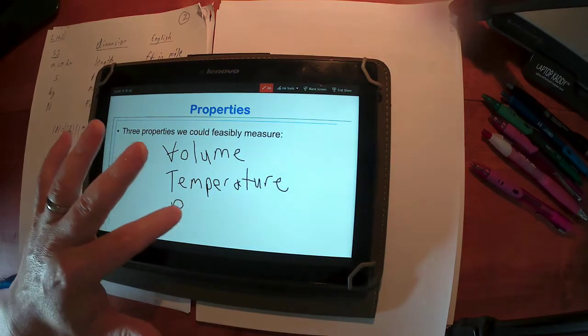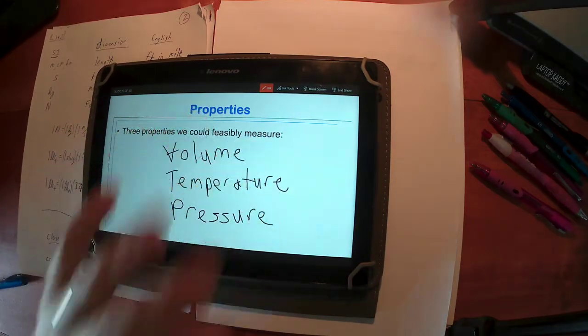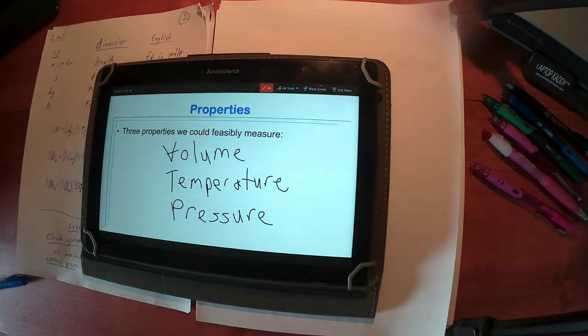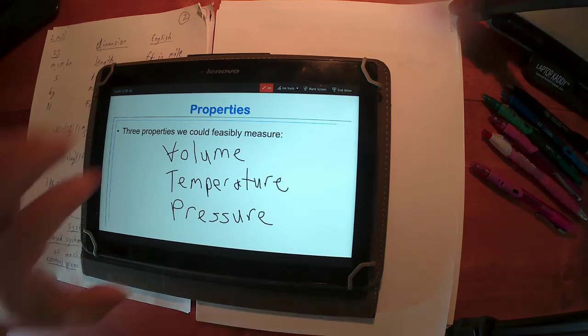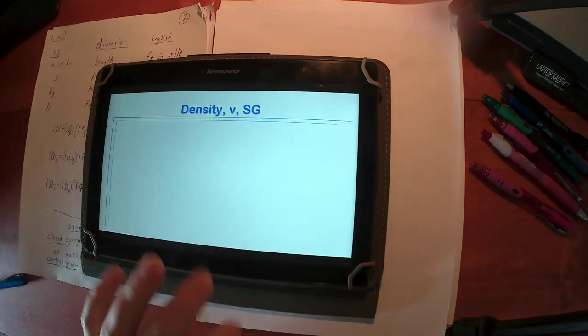Another one, pressure. So these are the three properties that we can feasibly measure for our system. Okay? So that's going to be our focus for Chapter 1.